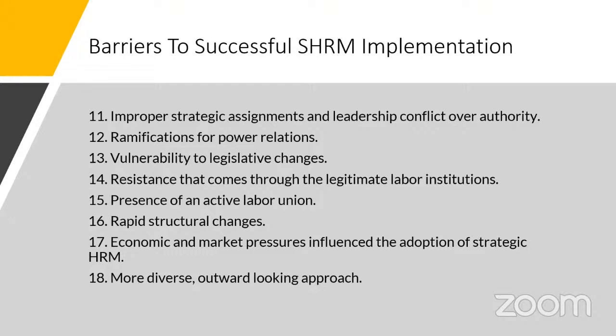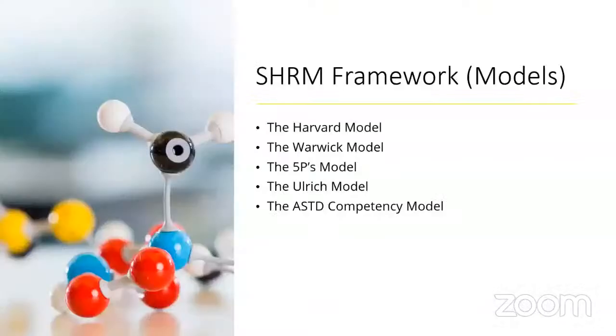Resistance that comes through the legitimate labor institutions. Presence of an active labor union, rapid structural changes, economic and market pressures influenced the adoption of strategic HRM and more diverse outward-looking approach. All of these, if not well managed, will affect the implementation of strategic human resource management.